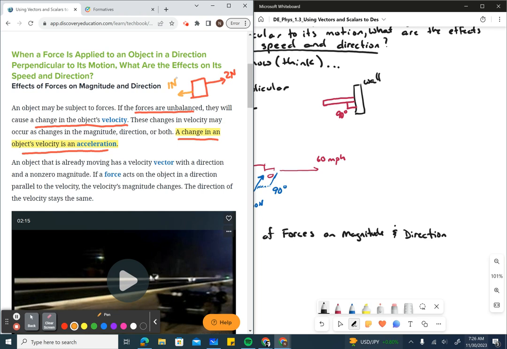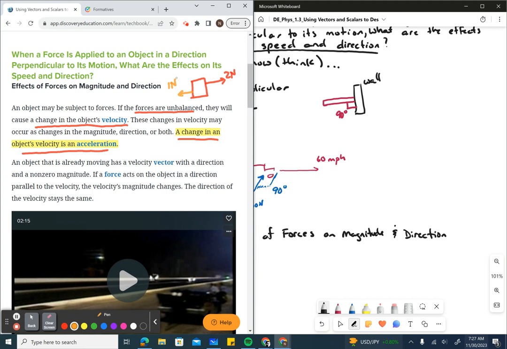And remember, any change in an object's velocity, and velocity is a vector quantity, is a change in your speed with a directional component, right? So unbalanced forces can result in this.